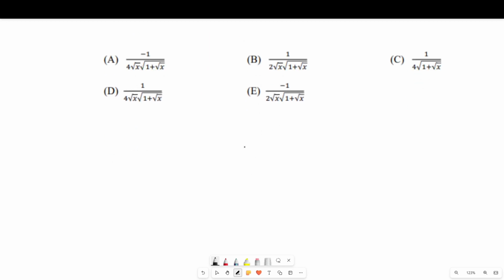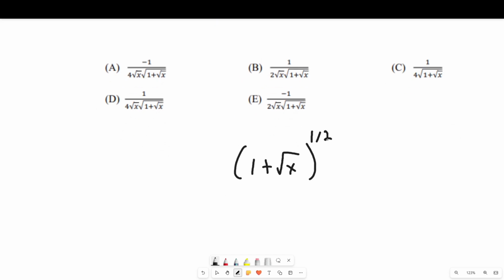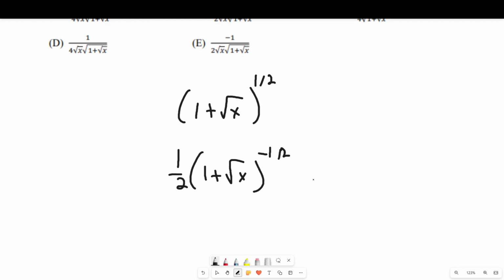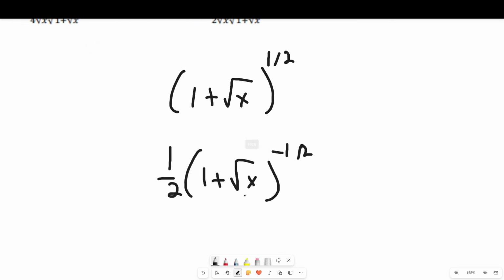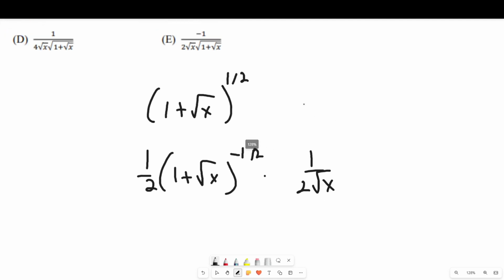So what I'm going to do is write this as a power because I know I'm going to have to use the power rule. So just do the power rule, 1/2 times 1 plus the square root of x to the negative 1/2, and then take the derivative of 1 plus square root of x. The derivative of 1 is 0. The derivative of square root of x is just 1 over 2 root x.